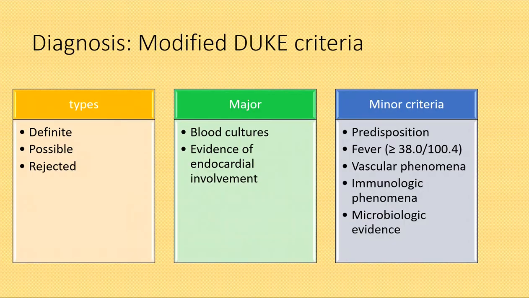levels in blood. How do we diagnose infective endocarditis? We're going to diagnose with two criteria: major criteria and minor criteria. Major criteria is essentially when we are going to have positive blood cultures. Positive blood cultures are going to be evidence of endocardial involvement.